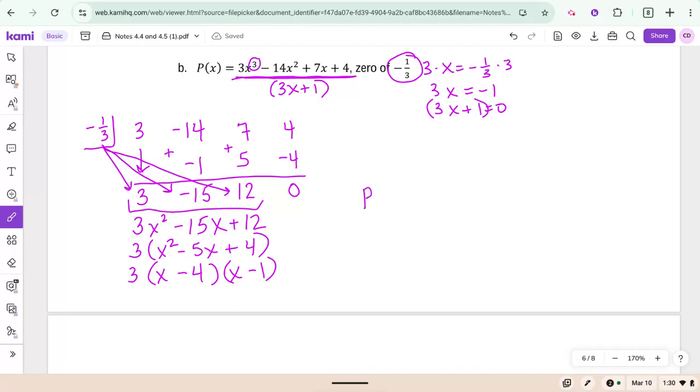So my factors are, I have 3x plus 1. I already was told that was a factor. Okay. Now, you can ignore this 3. I've already got that taken care of here, and I don't need anything bigger than a 3. I've got x minus 4 and x minus 1.